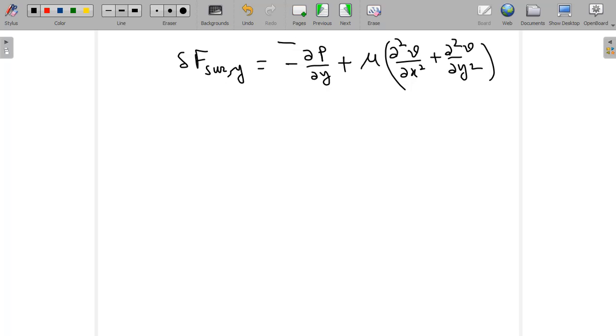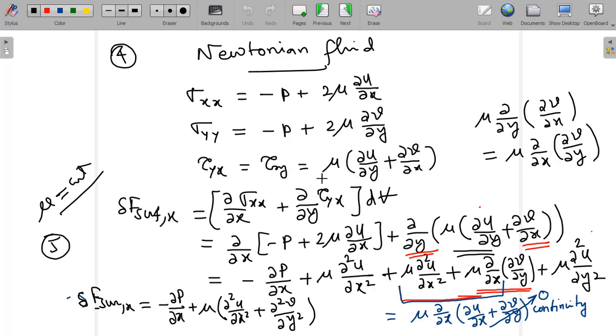Okay, and remember the whole term will be multiplied by dv. The same thing here also, I forgot to write that term every time, because you have to remember the whole term is multiplied by dv.